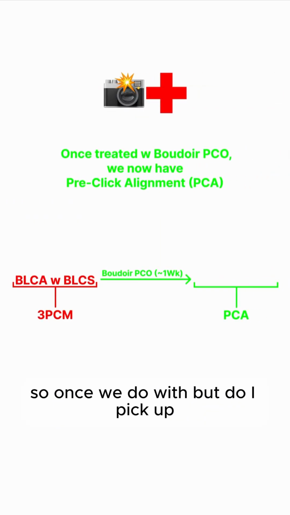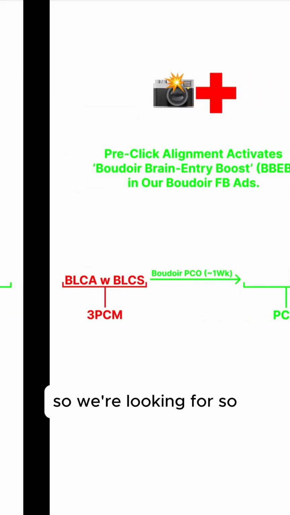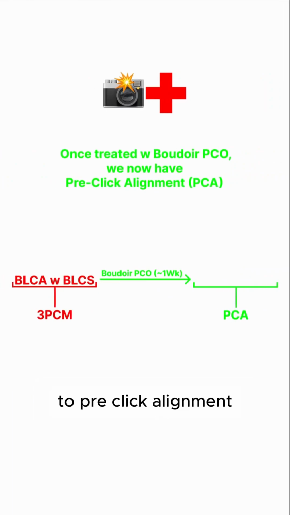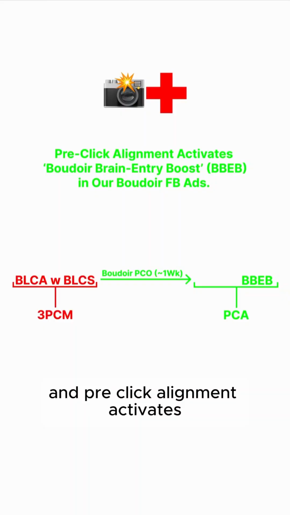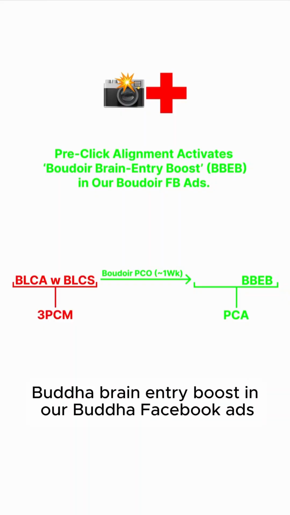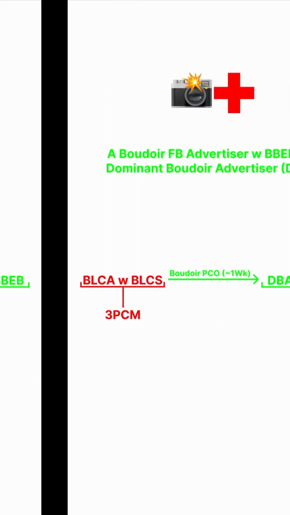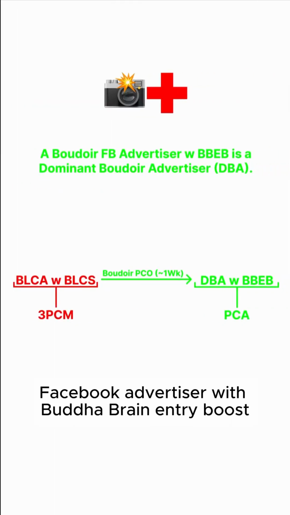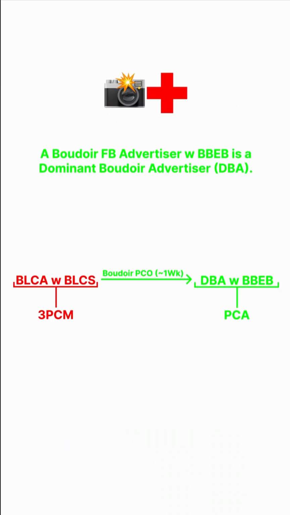So once treated with boudoir Pico, we now have pre-click alignment, PCA. So we go from the 3 pre-click mistakes to pre-click alignment. And pre-click alignment activates boudoir brain entry boost in our boudoir Facebook ads, aka we finally got a unique CTR above 6%. And a boudoir Facebook advertiser with boudoir brain entry boost is a dominant boudoir advertiser, a DBA.